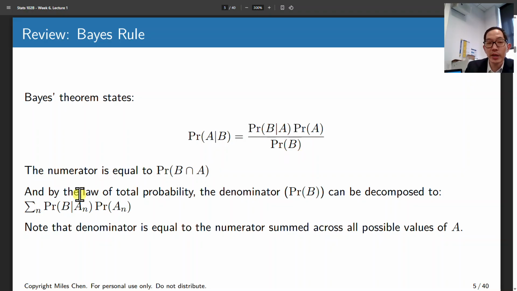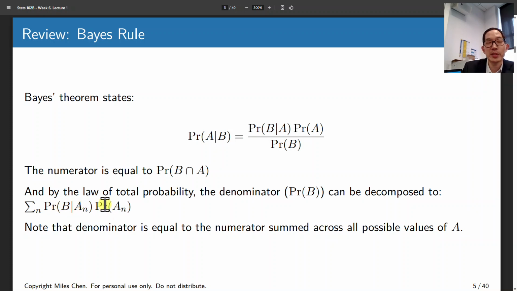And if you have different possible outcomes for A, right? We can decompose it into A sub 1, A sub 2, A sub 3, or A sub whatever. This bottom part for the probability of B can be found by the law of total probability.